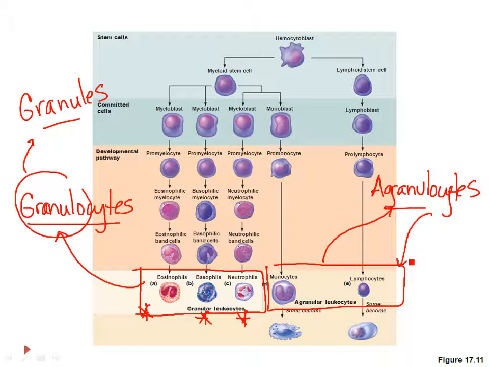Your agranulocytes don't have as many of those types of granules. You can't see them when you look at these types of cells under the microscope in a laboratory, whereas they're very noticeable when you look at the different types of granulocytes in the laboratory.